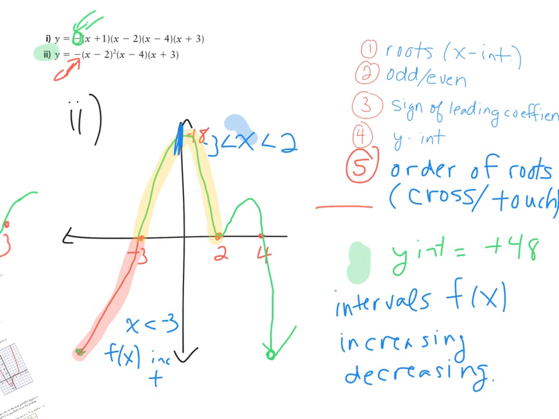It really depends on what question they're asking, whether they're asking what the behavior is or whether f of x is positive or negative for that section. So right here, between +2 and +4, f of x is above the x-axis, so it would be positive. Here it's below the x-axis, so where x is greater than 4, f of x is going to be negative.